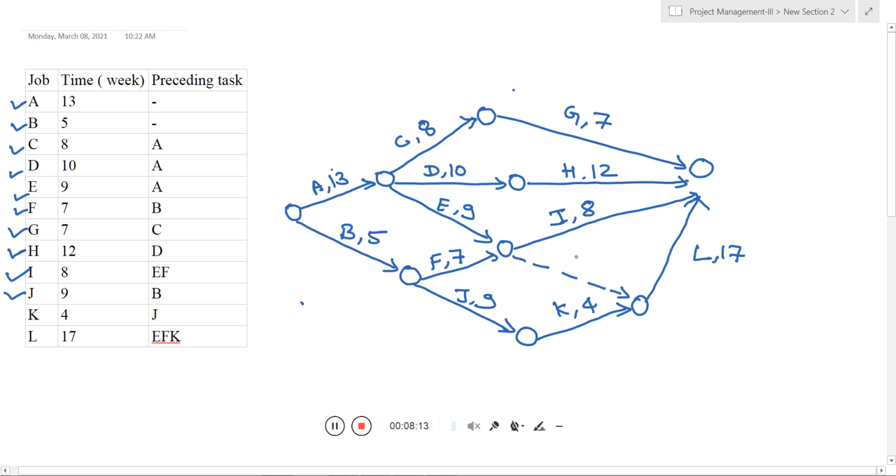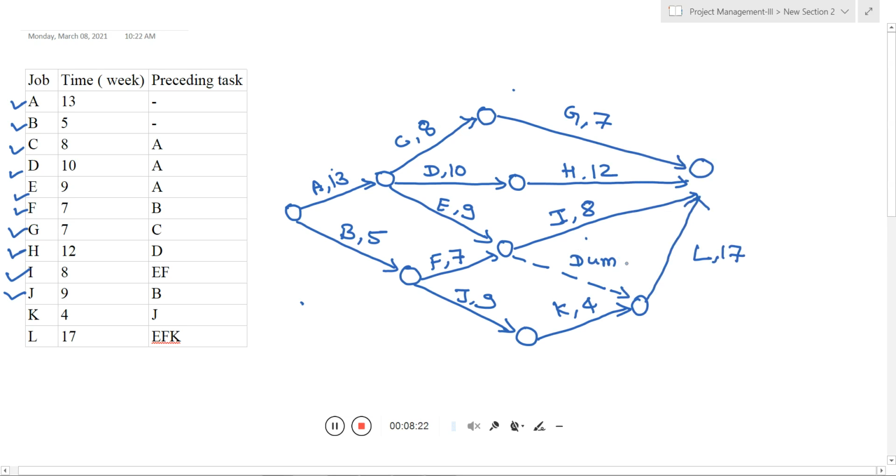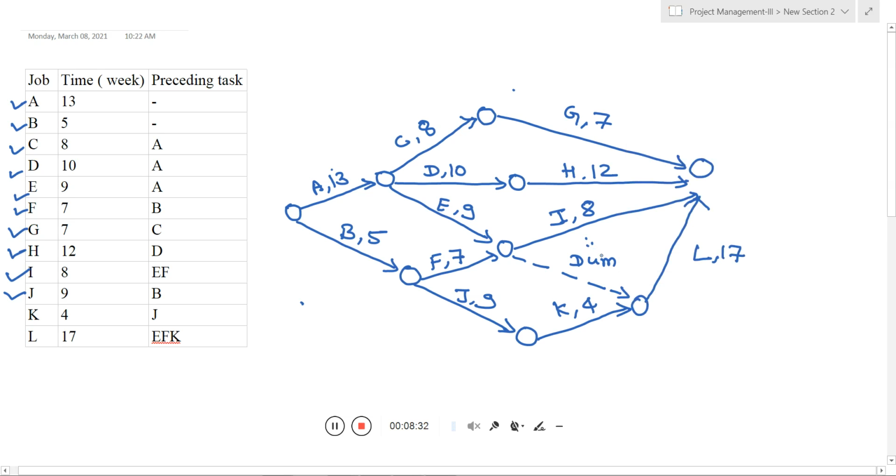Now this dummy will be represented like this.